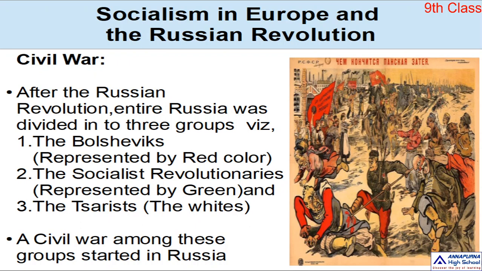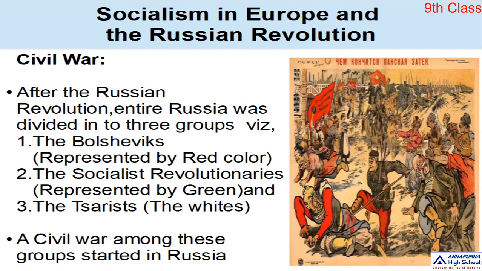The second group, Socialist Revolutionaries, were represented by another color, that is green. Listen, my dear children, the Socialist Revolutionaries were represented by the color green.